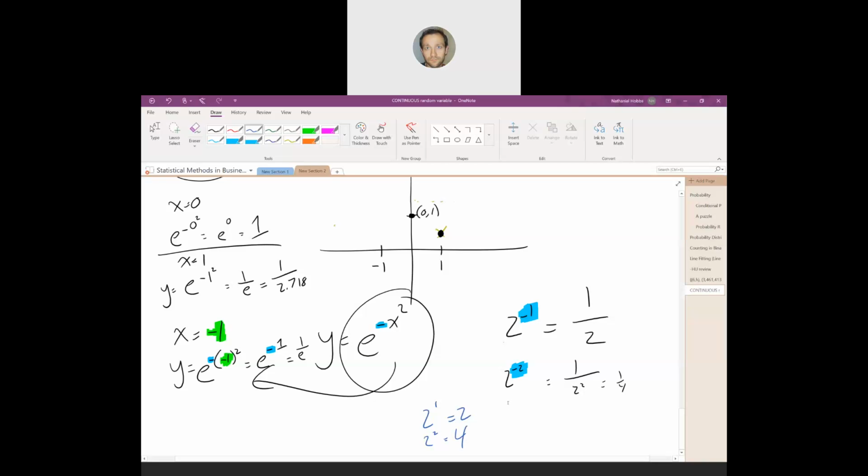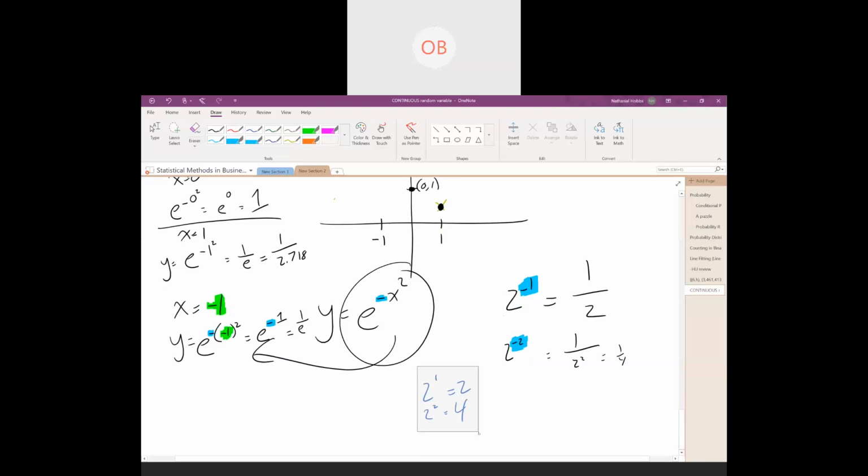So what I'm saying is that in the same way that these are exponents of positive numbers, if you take an exponent of a negative number, things are the same on the bottom. You have 2 on the bottom, you have 4 on the bottom, because of this minus number in the exponent.